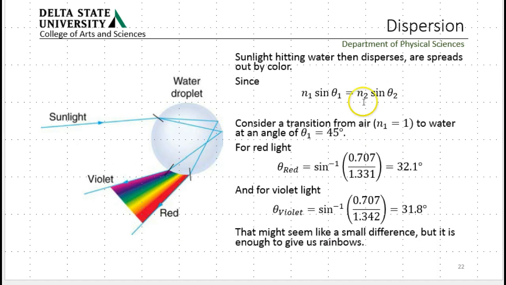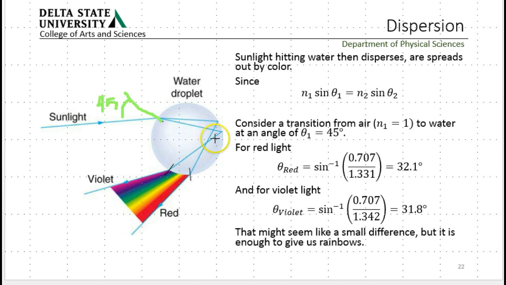This also affects the angle at which they bend, because that index of refraction goes into Snell's law. So for red light, let's say we come in at 45 degrees to the vertical, which is kind of drawn here, so it's about 45 degrees.